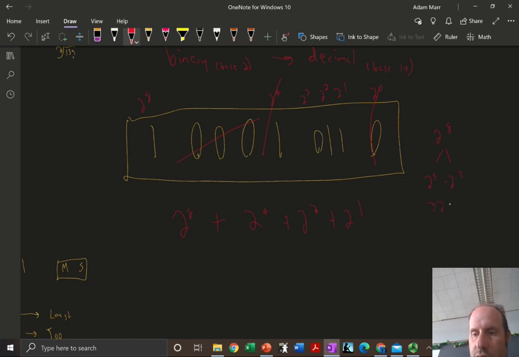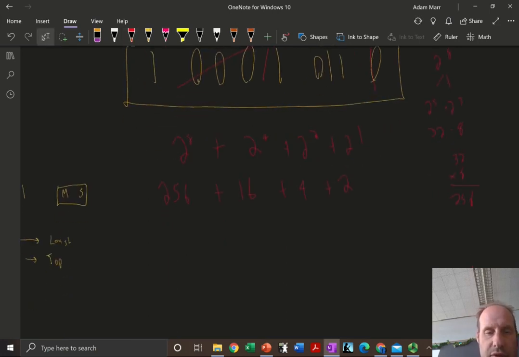That's 32 times 8, which is 256. So it's 256 plus 2 to the 4th, which is 16, plus 2 squared, which is 4, plus 2. 256 plus 16 is 272, plus 4 plus 2 is 6, so that'll be 278.